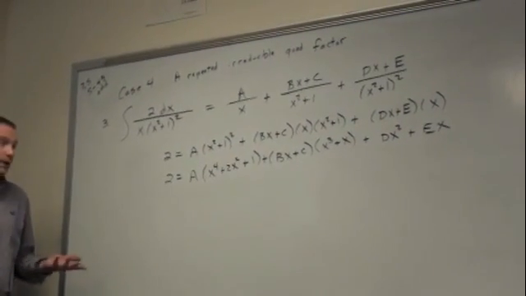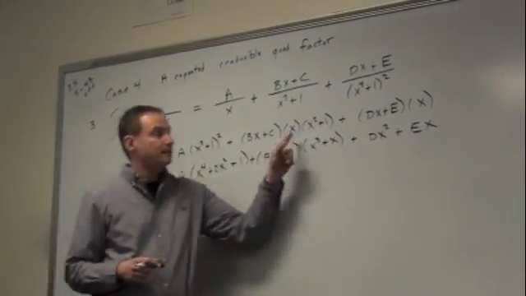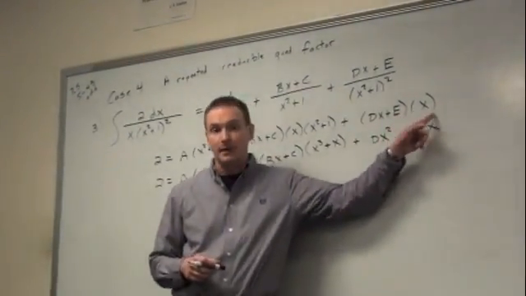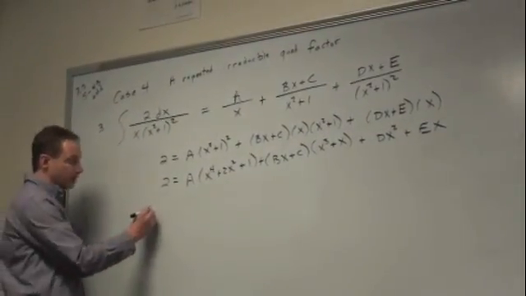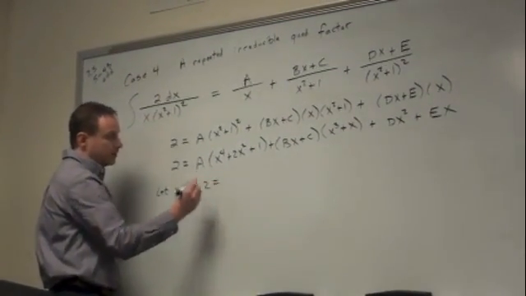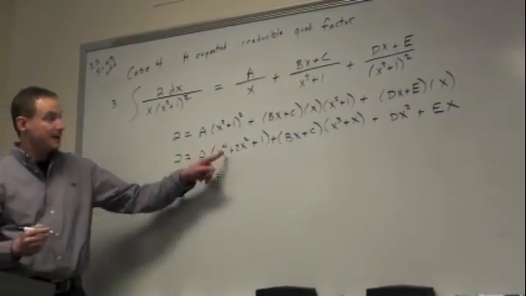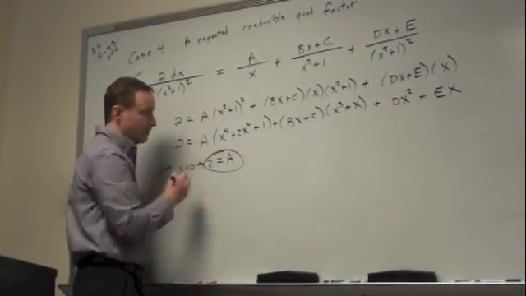And if I think, well, okay, how could I eliminate b, c, and d, e? Let x equal 0. If I let x equal 0, then I'll get 2 is equal to a times 1. I know a is 2.